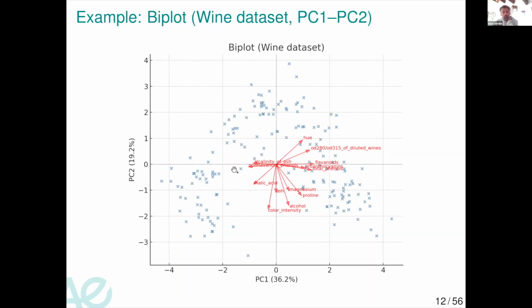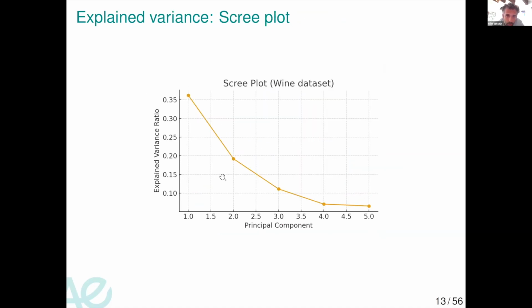One of the difficulties is to choose the number of components that are representative. For example, here the first component has 36 percent of the variance explained. For the second one, you have 19%, and then for the third one, 11%, and then maybe 5% for the last components.